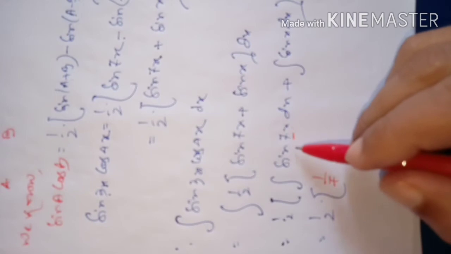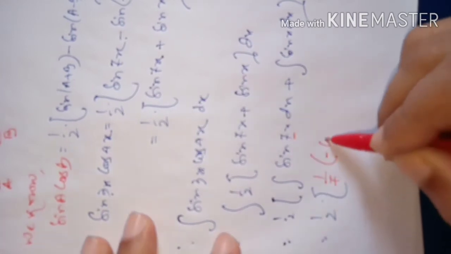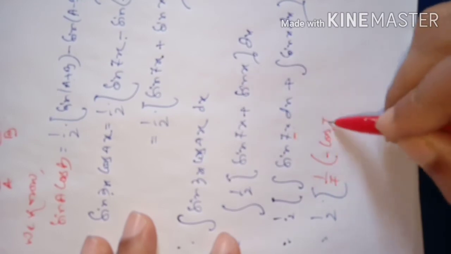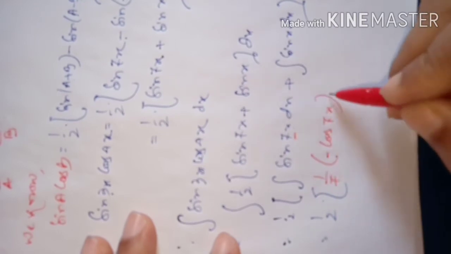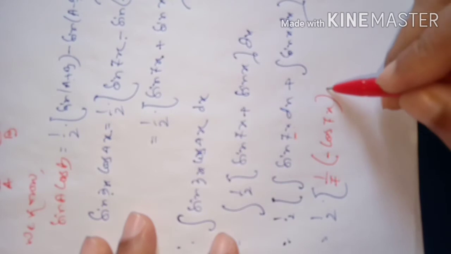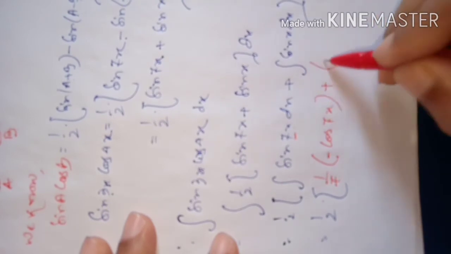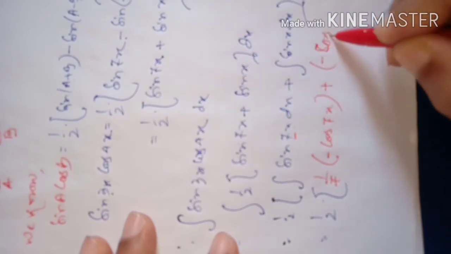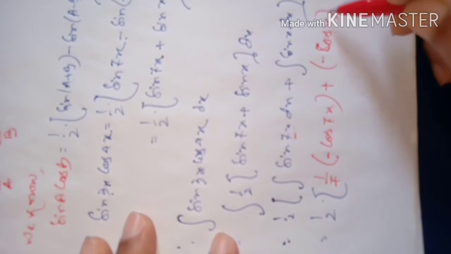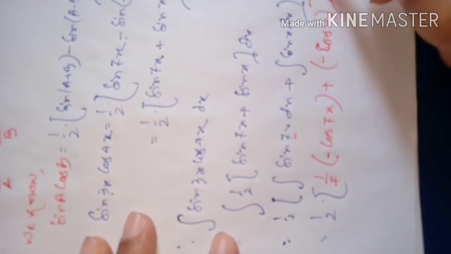Then integration of sin x is what? It will be minus cos of the given angle, that is 7x, and here will be a constant c1. Plus integration of sin x is again minus cos x directly, then here will be a constant c2. Together both the constants added will be c.